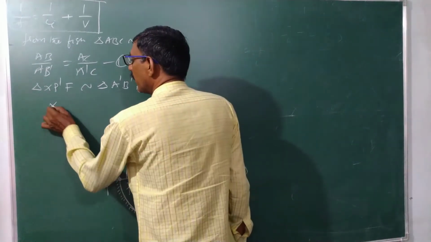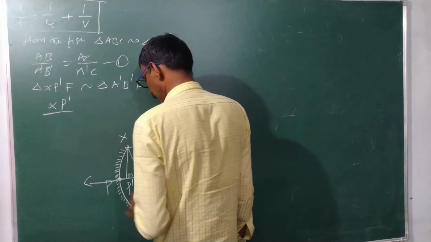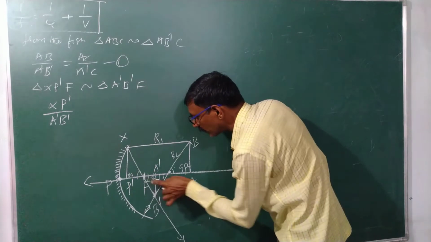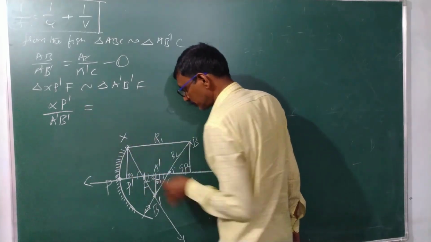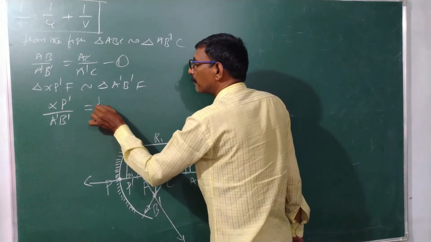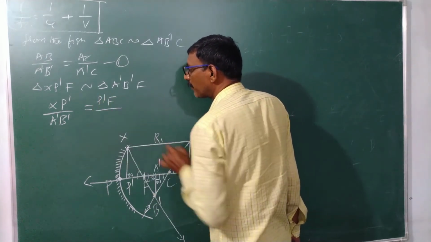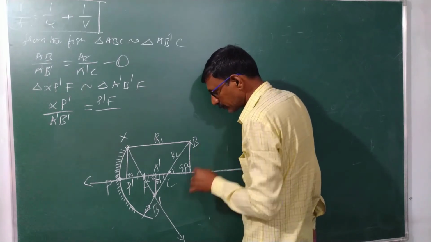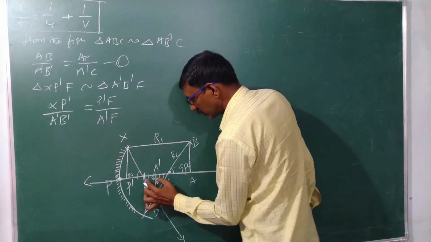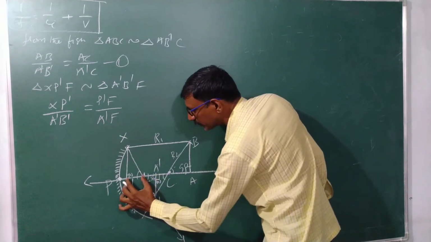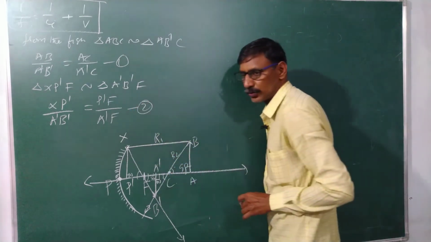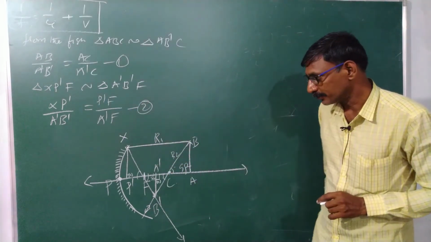That means XP dash by A dash B dash is equal to the base XP dash F, P dash F divided by A dash F. This is the base of this triangle. This is the base of this triangle. This is equation 2.